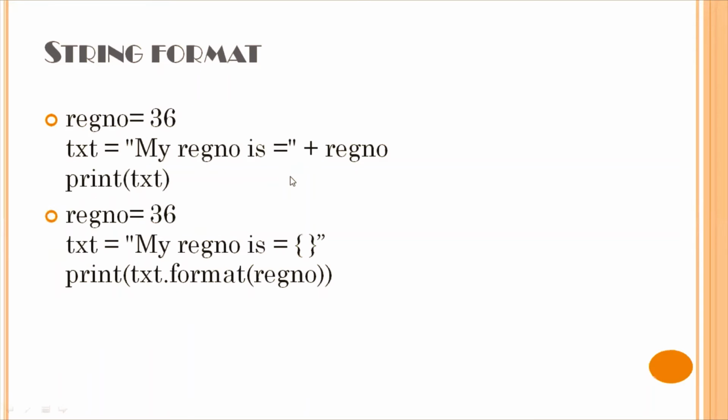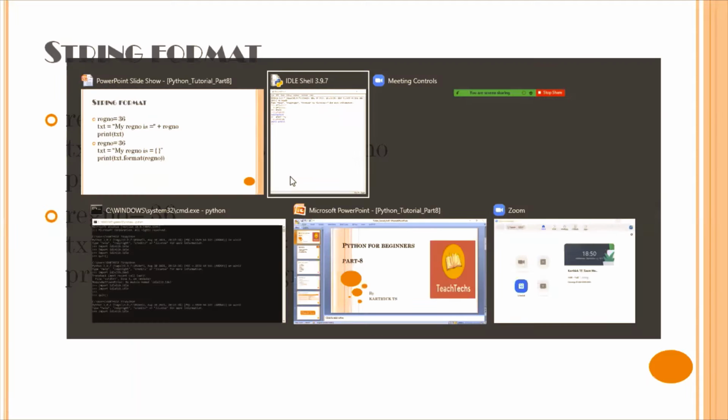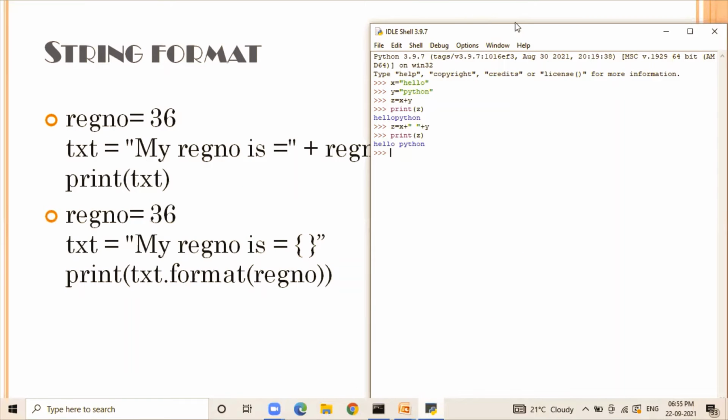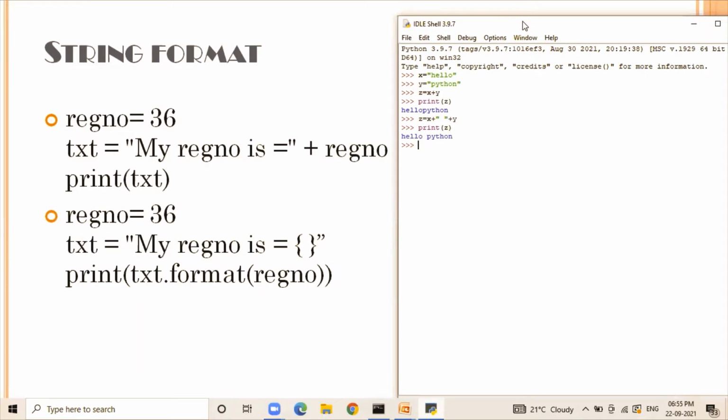Now let us move to the string format. What does string format tell you in Python? For example, if you want to use two different types of data, such as concatenating numeric data with string data, create a numeric variable, and create a string variable, my register number is, within double quotes.